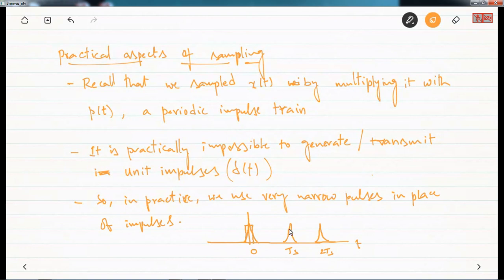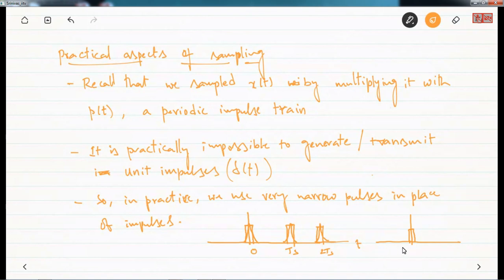short pulses of finite duration. So what we consider in practice are pulses something like this: a short, narrow pulse.